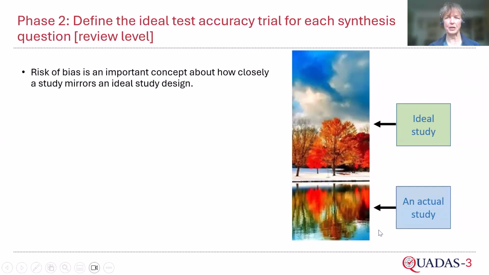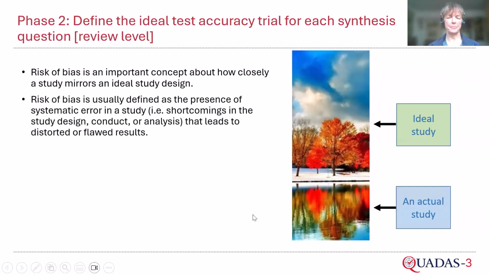It's more like the reflection in the water. Okay, and so with a real-life trial, you've got risk of bias, and it leads to slightly distorted results, and that can be due to shortcomings in the design, the conduct, or analysis. And often you can't do anything better than those. Often you've done the best possible trial, but it's still not the ideal trial that you would have done in a perfect world.